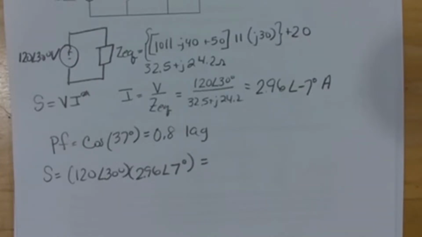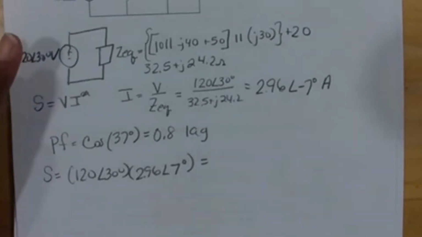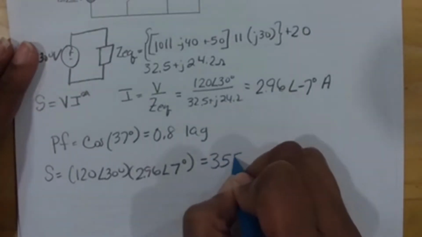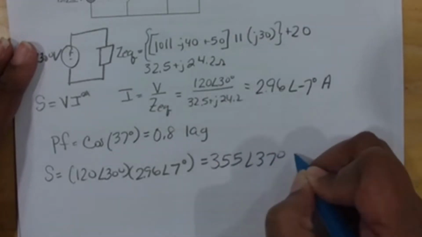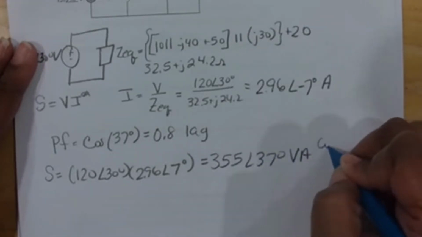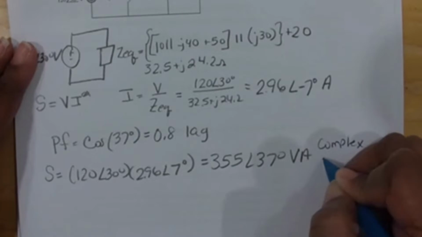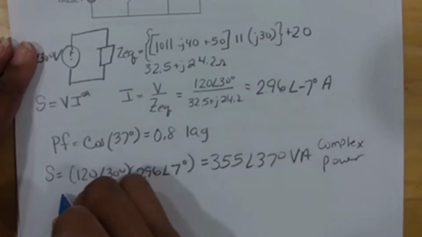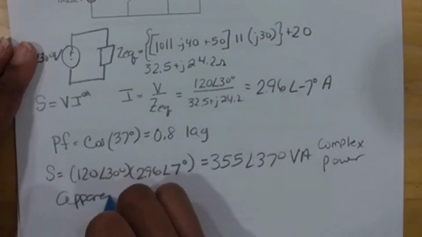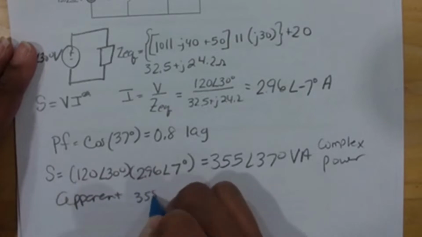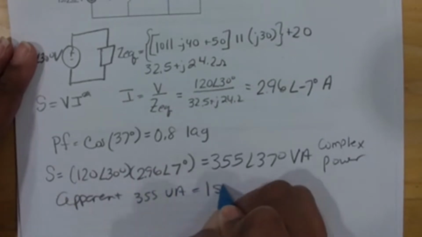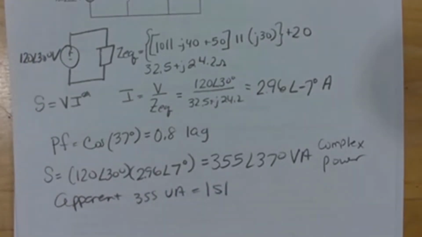I want to write my answer in polar form because that'll give me the apparent power. 355 with an angle of 37, okay? So that is your complex power. And your apparent power is just 355 volt amperes because it's the magnitude of S.